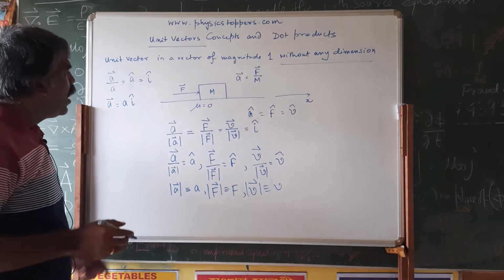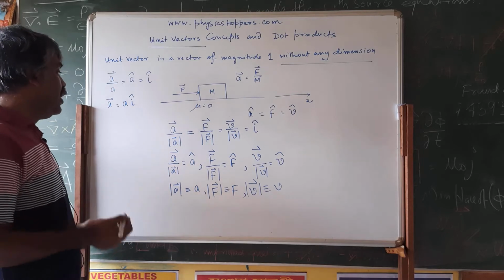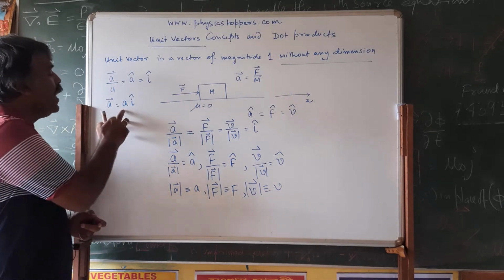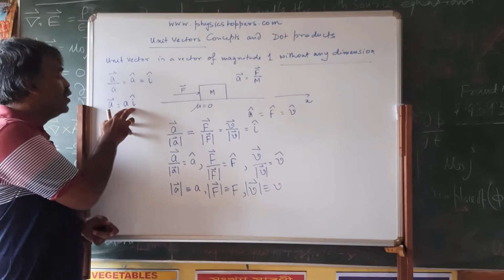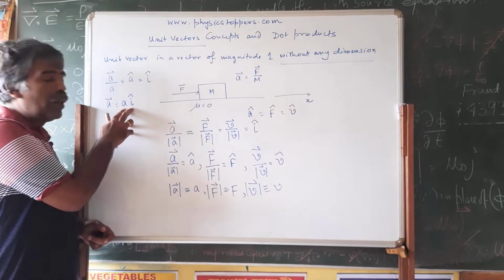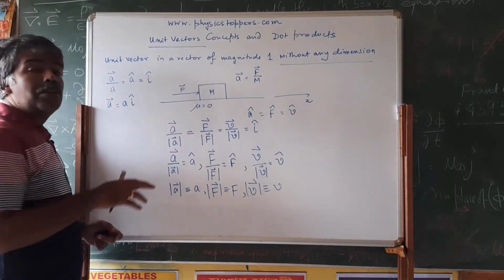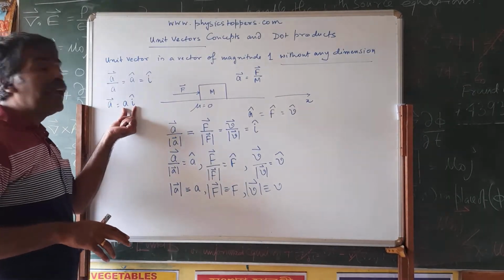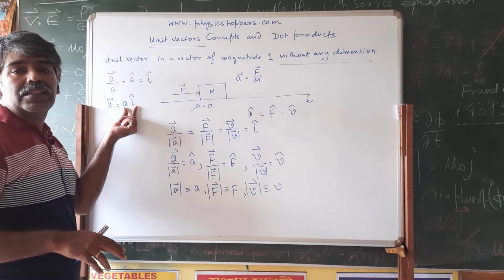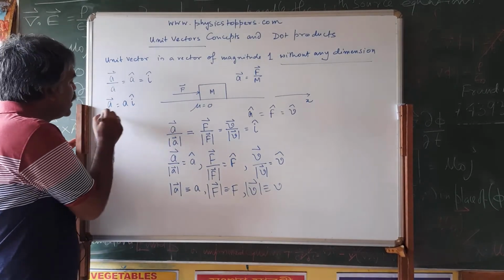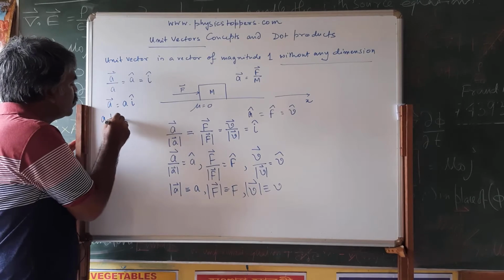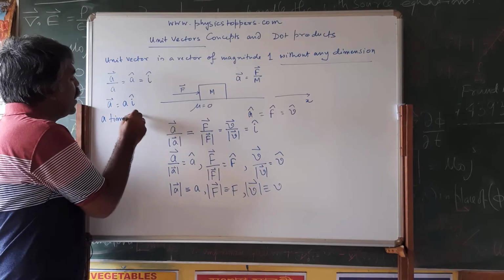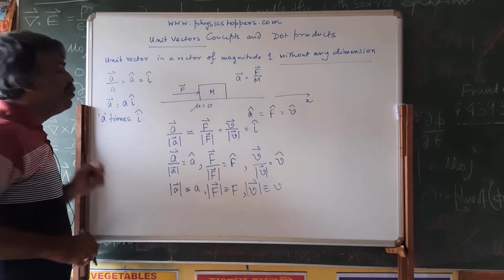Now you might be thinking, what is between a and i? Means there is a product? So I tell you, there is nothing between a and i hat. This is read as a times i hat. Please remember this.